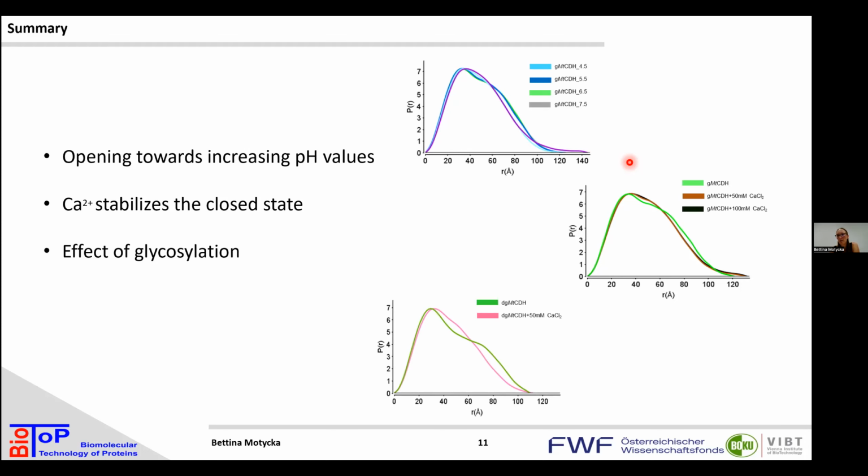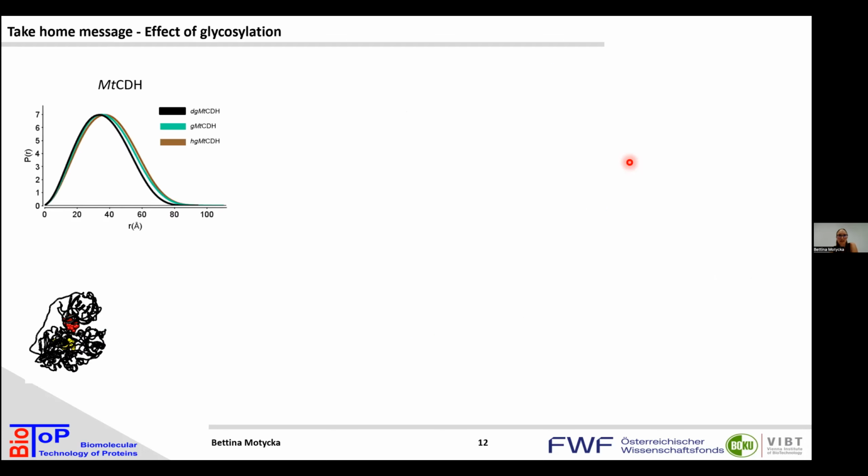And I performed some modeling approaches on the two PDB structures. Here with the empty CDH, you can see in black the normal empty CDH structure, which is crystallized, and for the crystallization, it had to be deglycosylated. So here you can see in black this nice Gaussian distribution.